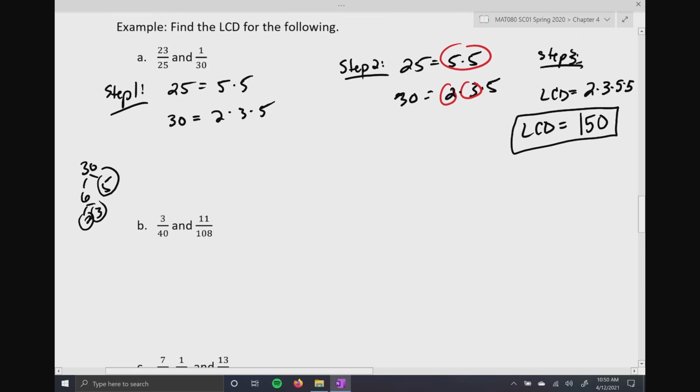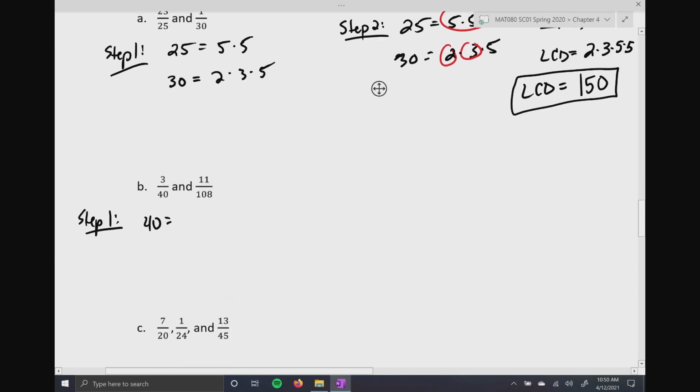All right, so let's do letter B. So step 1, we're going to write out the prime factorizations. So 40 is going to equal. Now, what I'm going to do underneath is I need some space here because I'm going to write it out. So 40 is going to be 5 times 8.